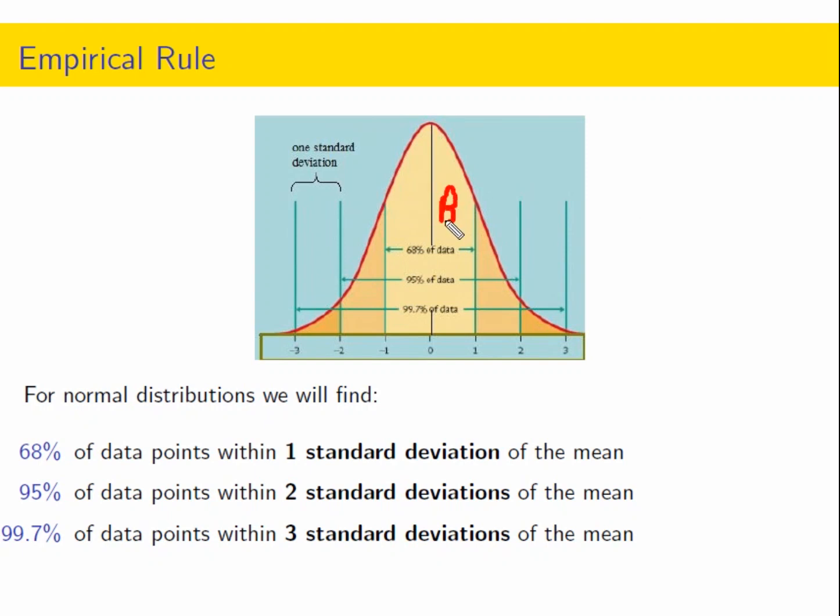Anybody who's above average but less than 1 standard deviation above average is going to get a B. Anybody who's below the average but not more than 1 standard deviation below the average will get a C. Then the D and F range is everybody who's more than 1 standard deviation below average. And then the A's are only going to be those who are more than 1 standard deviation above average.